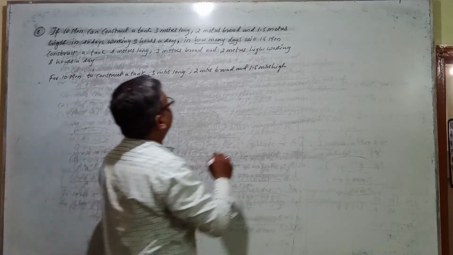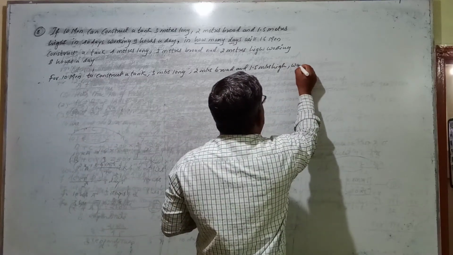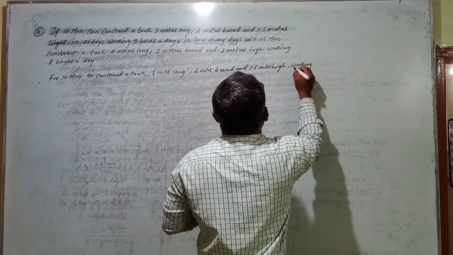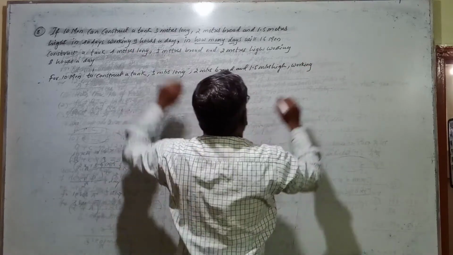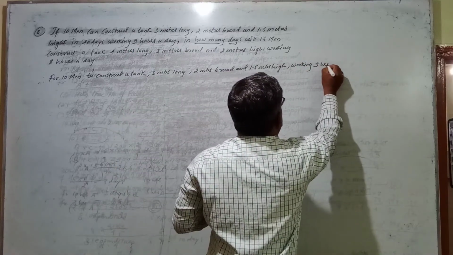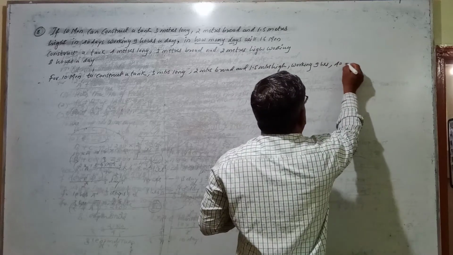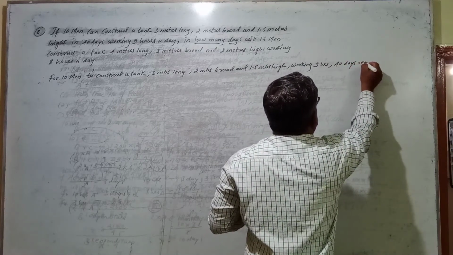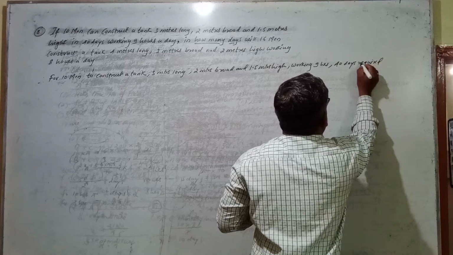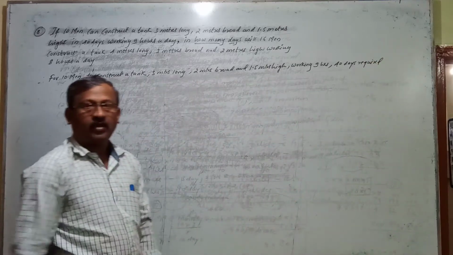Working how many hours? Working 9 hours. How many days are required? 40 days are required.